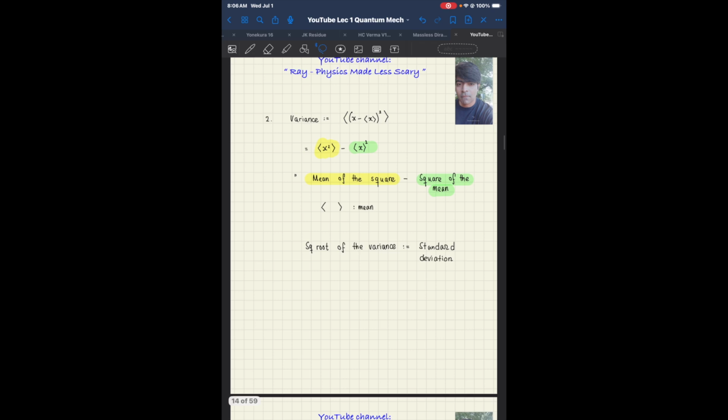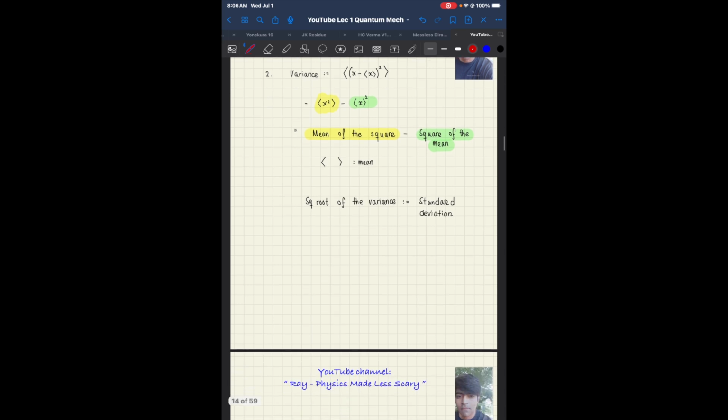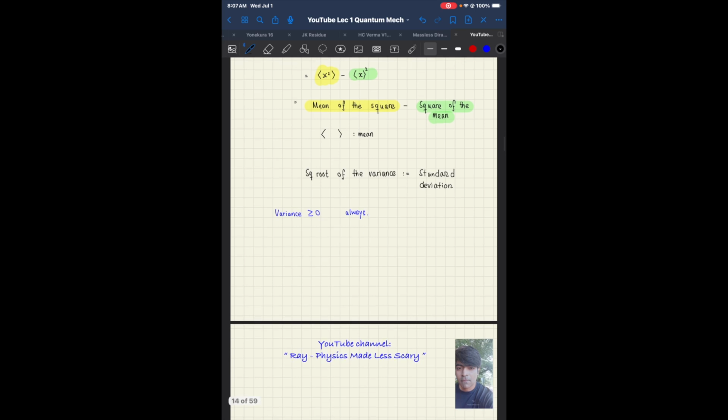You could ask, is the square root well defined? In fact, it can be shown that the variance is always greater than or equal to 0. So there's no problem with taking the square root. It's a well-defined object.